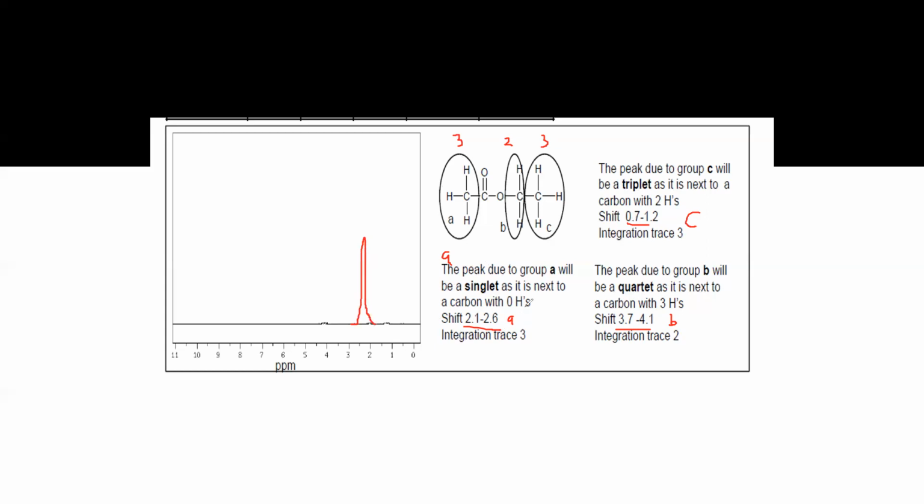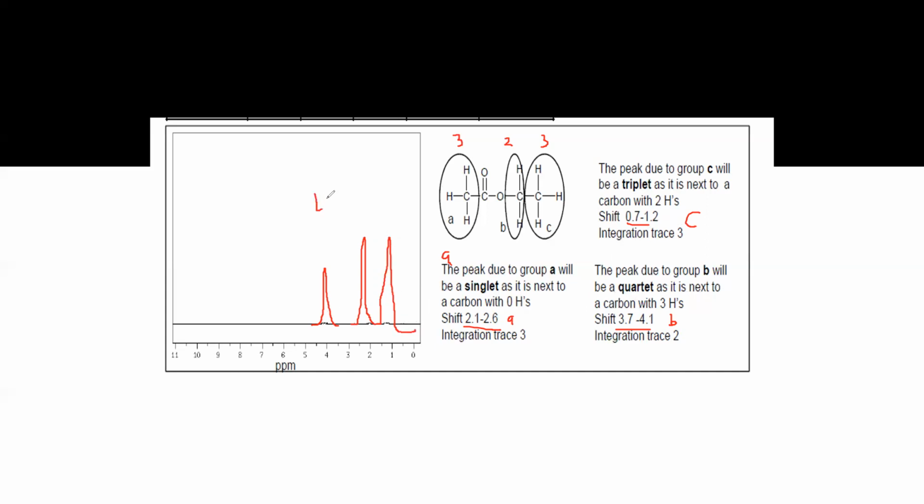For example, 3 centimeters. Then for B, from 3.7 to 4.1, with two hydrogens, so this will be for example 2 centimeters. And then for C, it's 0.7 to 1.2, also having three hydrogens. That's it.